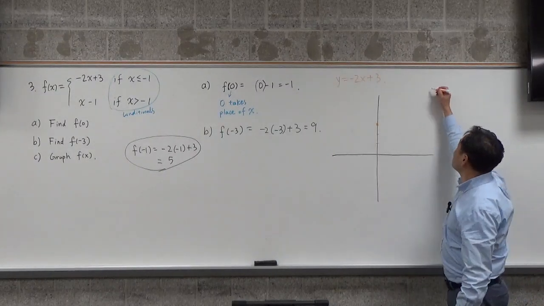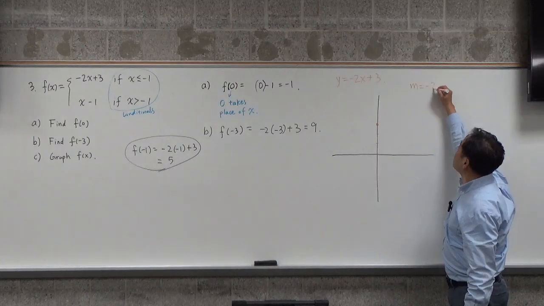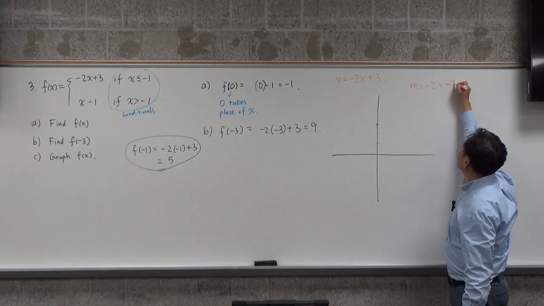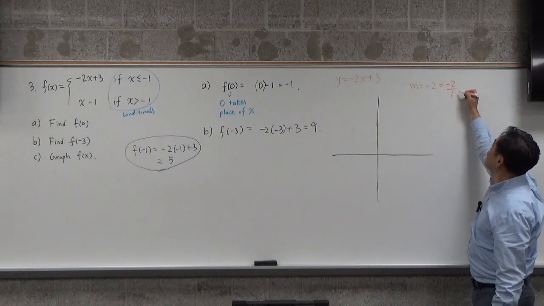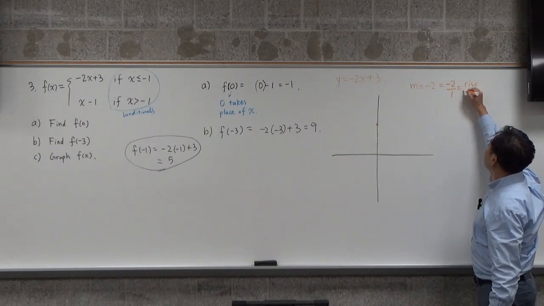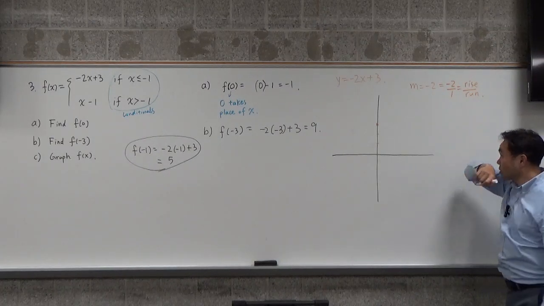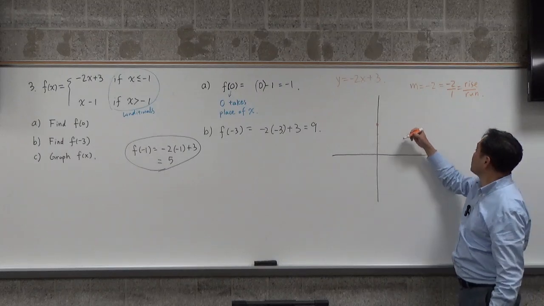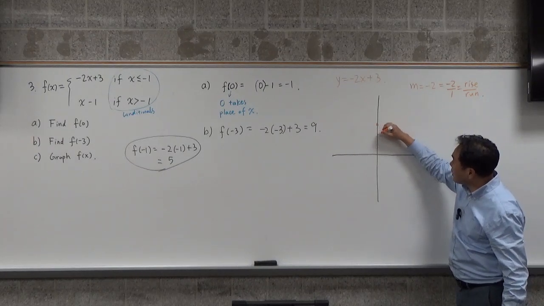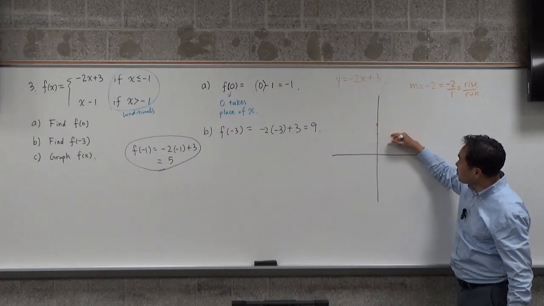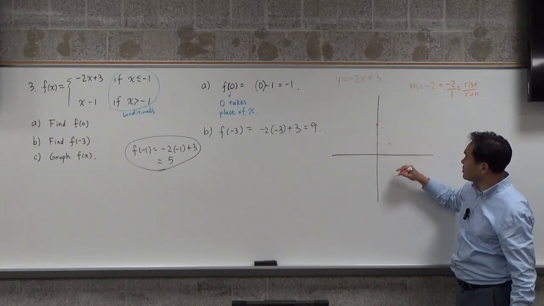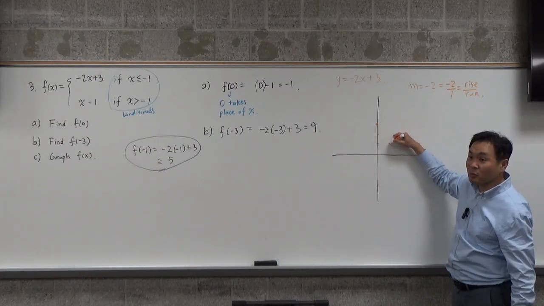And then if the slope m is negative 2, you can think of this as negative 2 over 1, which is rise over run. So you can draw it like rise is negative 2, so you go down by 2 and you run by 1. Okay. This is the next point.